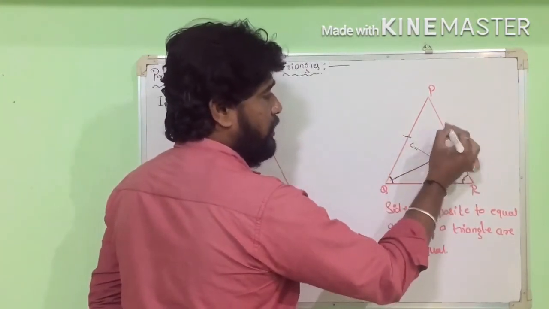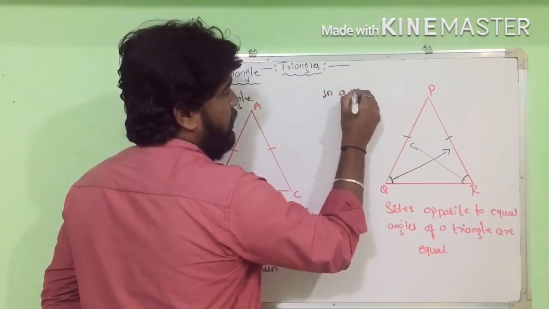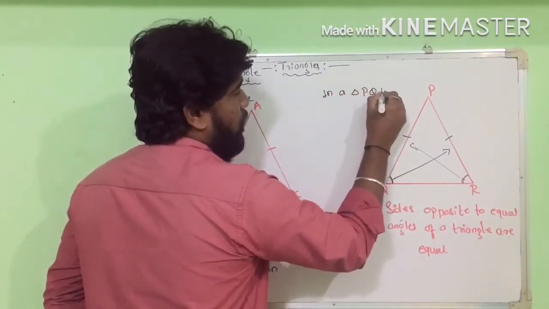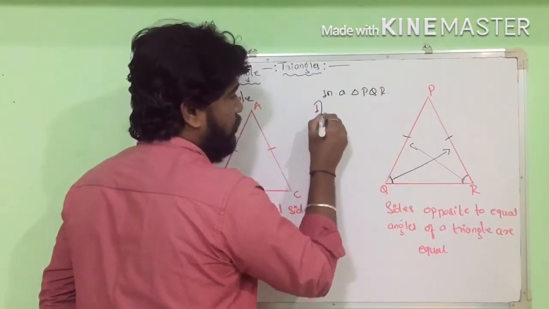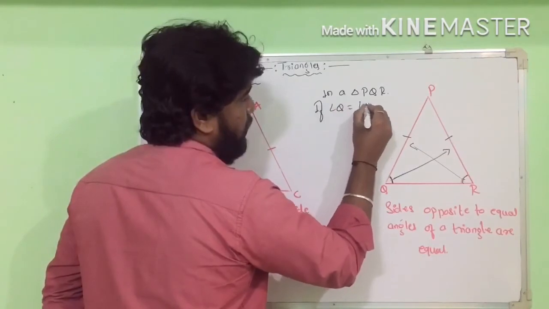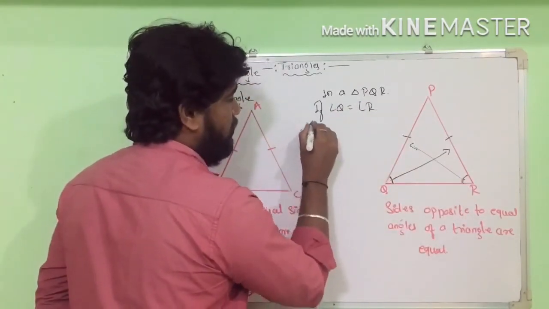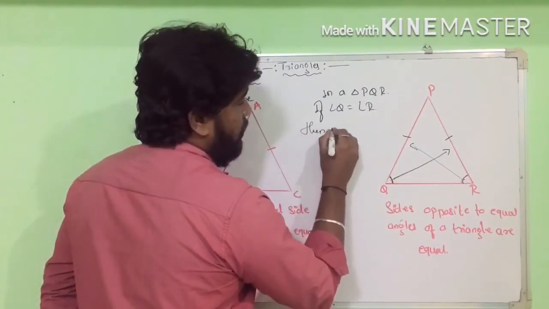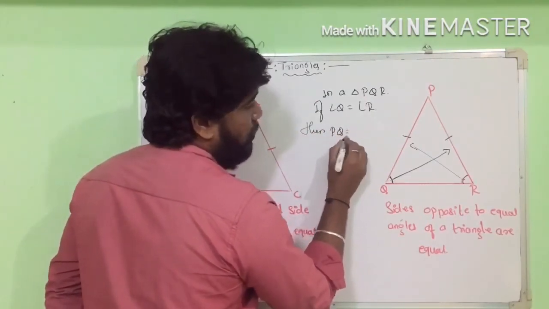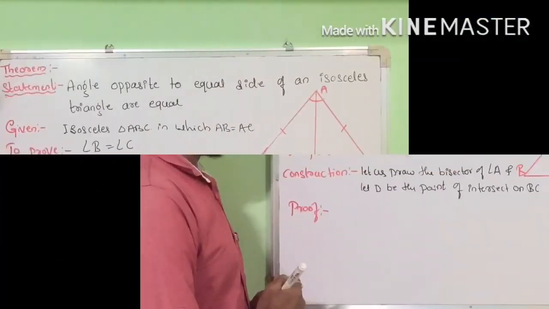So these two are equal. We can write here, in a triangle PQR, if angle Q is equal to angle R, these two are equal, then their opposite sides, PQ is equal to PR.